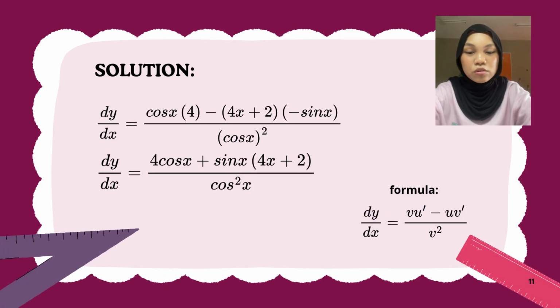Next, substitute all these values into the quotient rule formula. Be careful with signs. Subtracting a negative becomes positive. So this is the final answer, and it shows the derivative of the function using the quotient rule. It's important to be careful with signs and always simplify at the end.